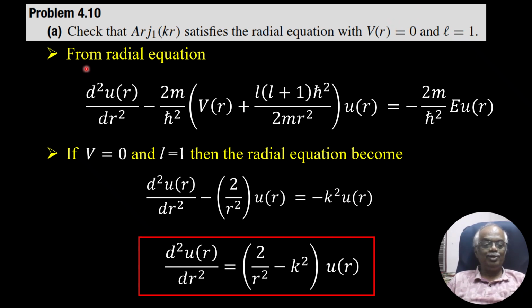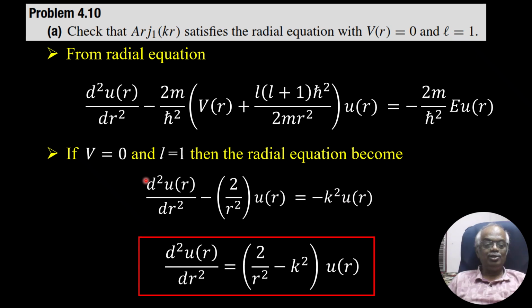So we know the radial equation is d²u(r)/dr² minus 2m/ħ² V(r) plus l(l+1) ħ²/2mr² u(r) is equal to minus 2m/ħ² E u(r).